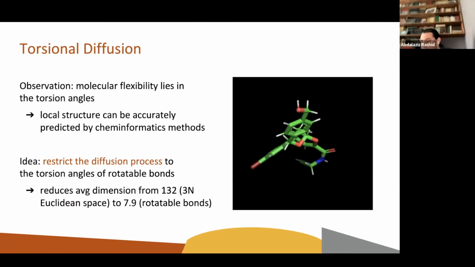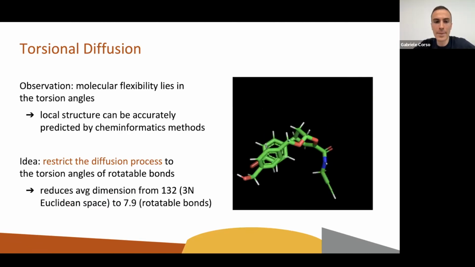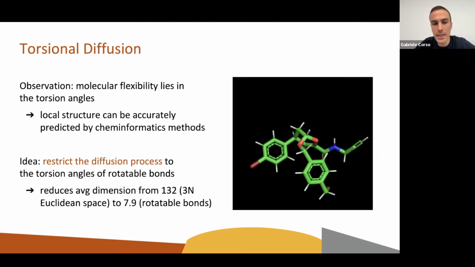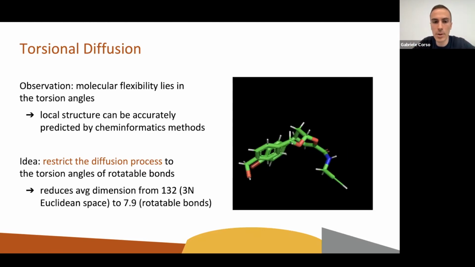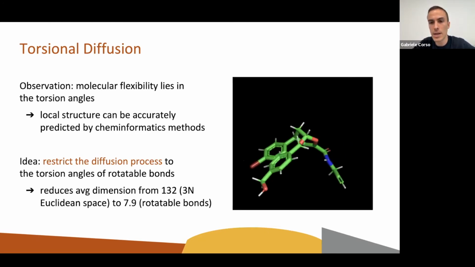What do you mean by the 7.9 rotatable bonds? So we are evaluating these over a data set that we're going to introduce later, which is, as you know, 300,000 drug-like molecules. And we are calculating that on average over these drug-like molecules, there are 7.9 rotatable bonds.